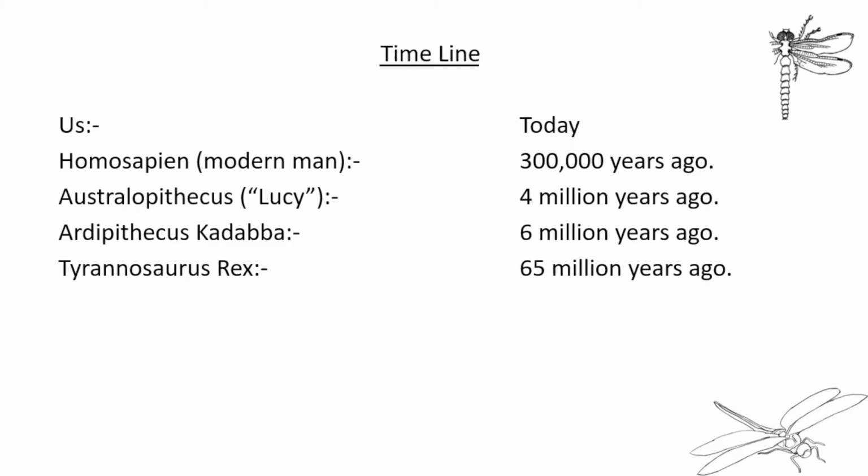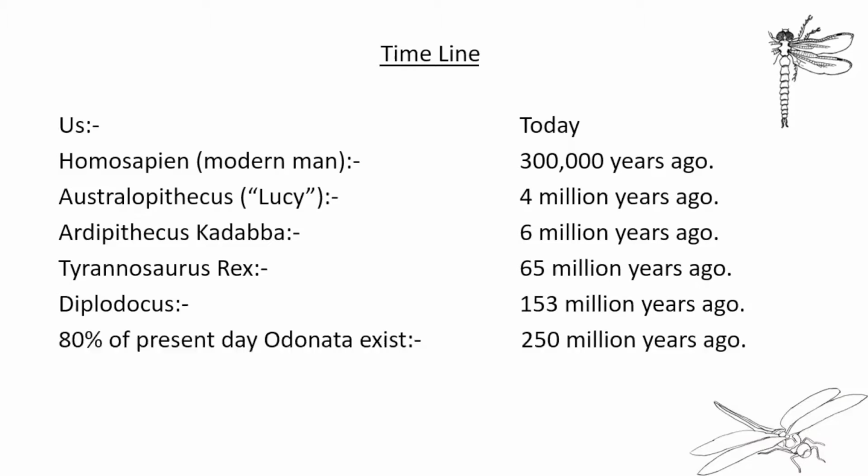Of course, their favourite food was Diplodocus, things like that, the giant herbivores. Well, they died out 153 million years ago and were already fossils by the time the Tyrannosaurus and so arrived on the Earth. Roughly 80% of the present day Odonata series were around 250 million years ago.